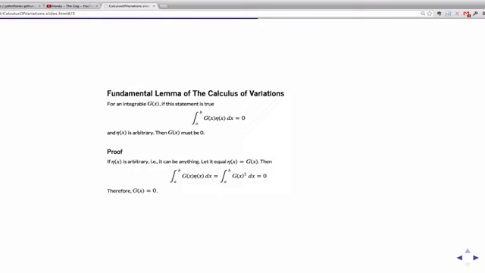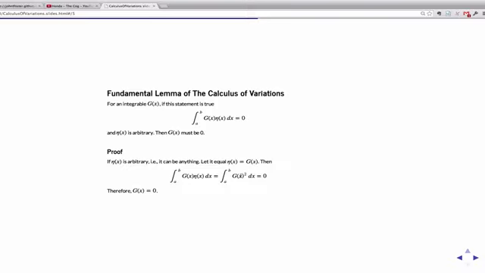We can show that because if eta is arbitrary, it can be anything, so we could let it be equal to g of x, and if you plug that in, you see that g of x has to be 0. We'll use these tools in the background, but I want to show the mathematics that motivate all of this.